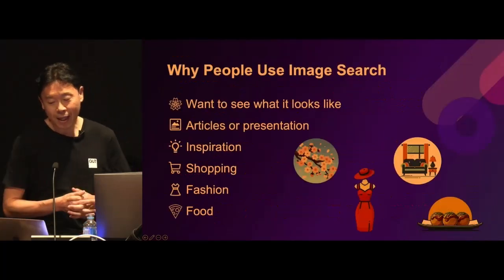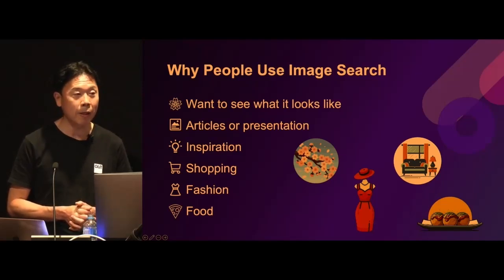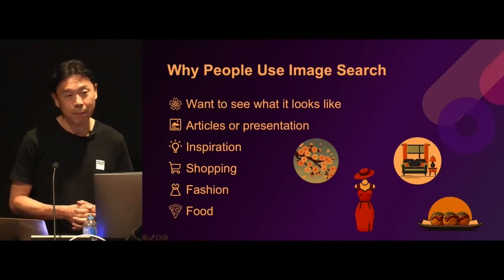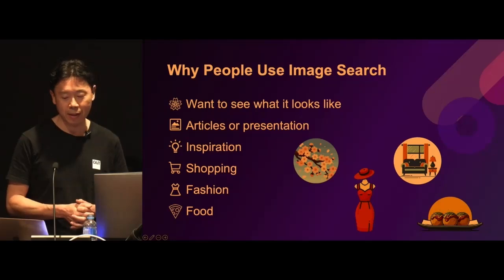Let's start by thinking about why people use image search in the first place. What are they hoping to find? There are all sorts of reasons. Sometimes people want to see what something actually looks like. They might be searching for a product they are thinking of buying.